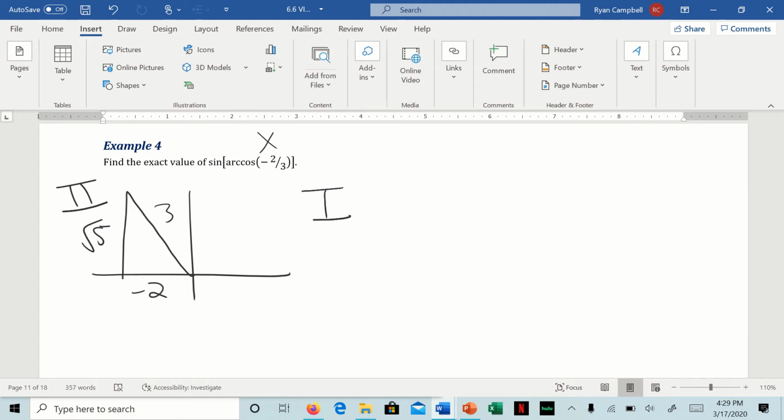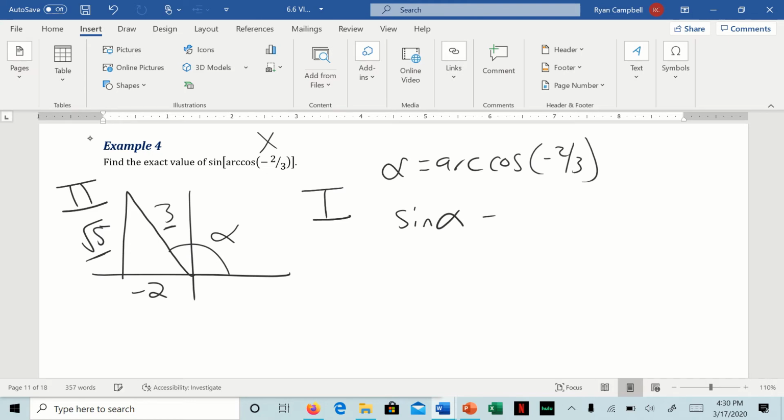Essentially we can let this angle be the arc cosine of negative 2/3, because that's what we're trying to work with in this case. But then we want to find the sine of this angle. So we don't actually need to ever figure out what this angle is. If it's in this order, it actually ends up being super easy on us. Now that we have this angle set up and this triangle set up, what's the sine? Sine's opposite over hypotenuse, which is the square root of 5 over 3, and we're done.